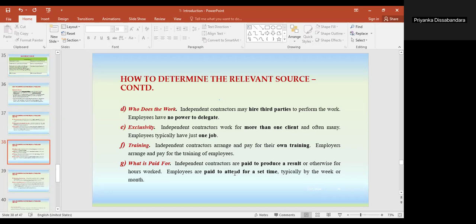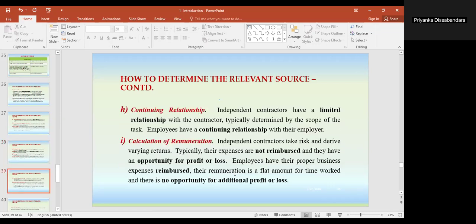For that period, they pay fees. The next one is continuing relationship. Independent contractors have a limited relationship. After finishing his job, their relationship is over.